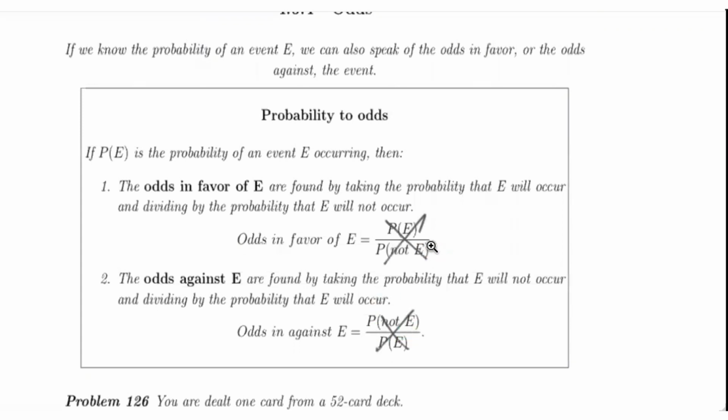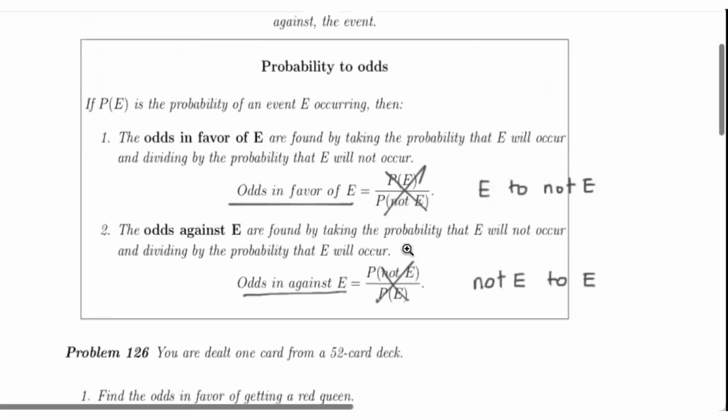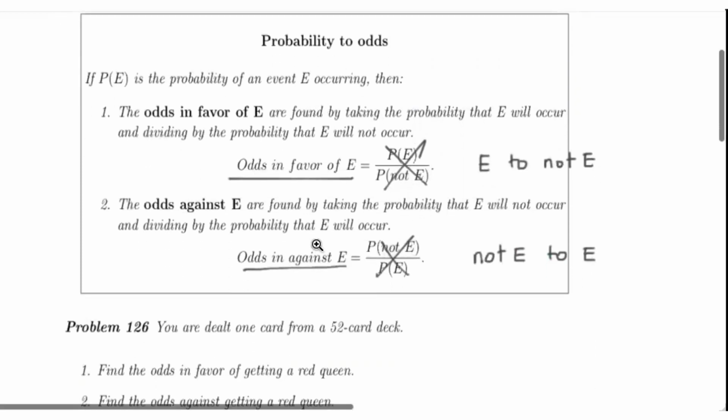In practice, odds in favor of the event are event to not event. Odds against the event are not event to event. It's because each probability has the same denominator, which is the total, and they can be canceled. So we can simplify this. That's a more practical way of writing. This is the official odds definition. This is the practical odds definition.